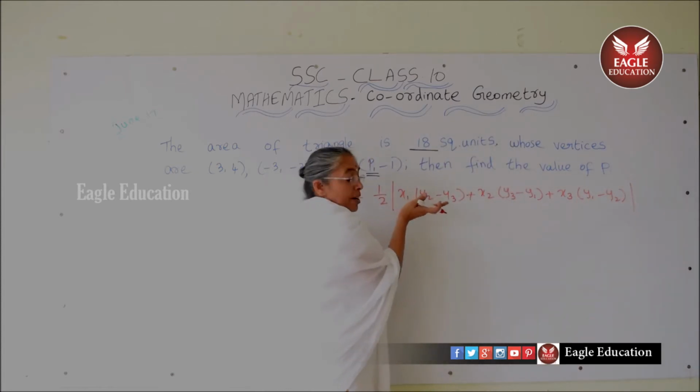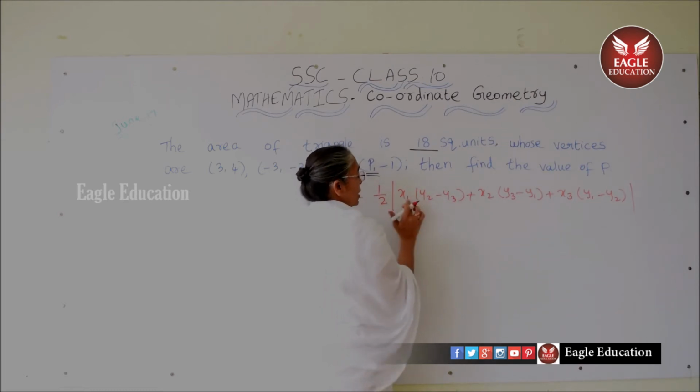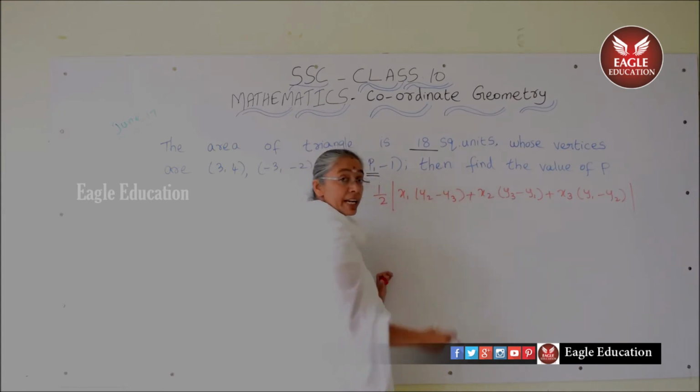If you remember the first one, x1 of (y2 minus y3), this is also in order 1, 2, 3, x and y. Next x1 is replaced by x2, then 3, then 1. So, they are cyclic.